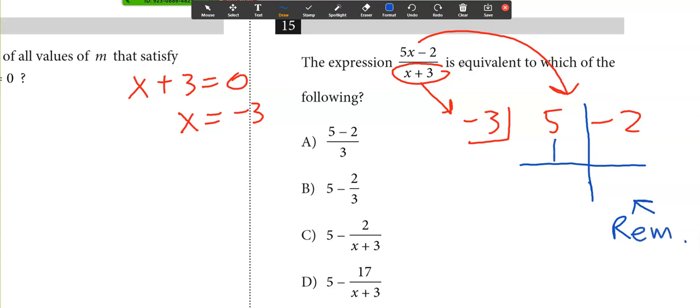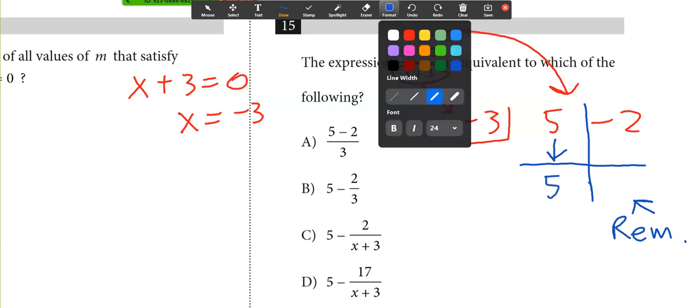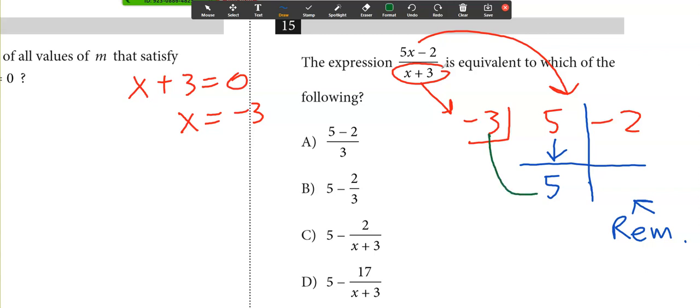Well, according to synthetic division, we carry down the first one, and then we multiply the negative 3 and the 5, which would give me negative 15, and we put that in the next column over, negative 15, and then we add down the columns. So what is negative 2 plus negative 15? Negative 17.